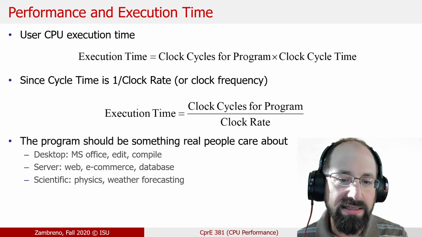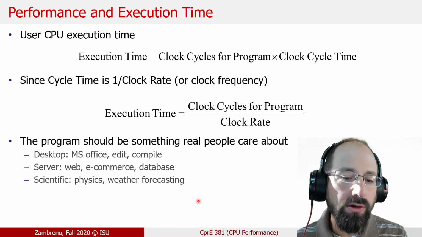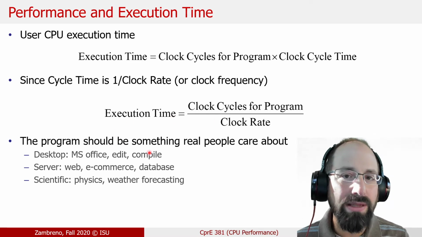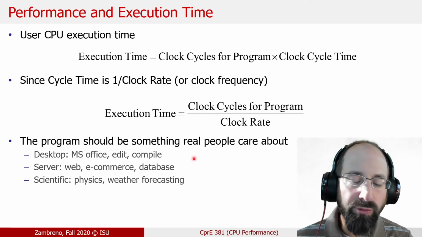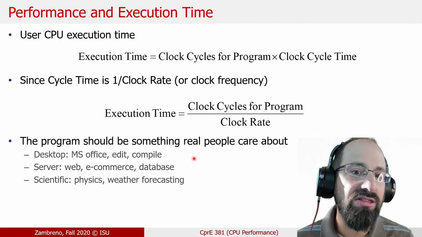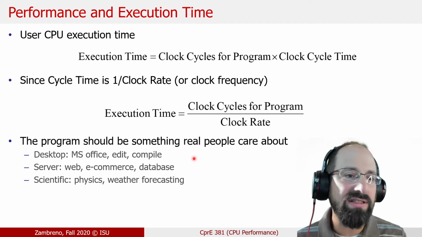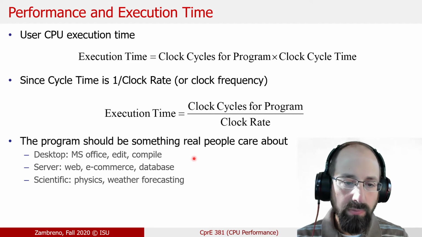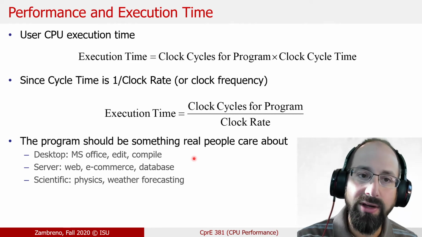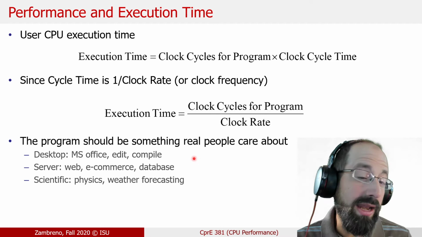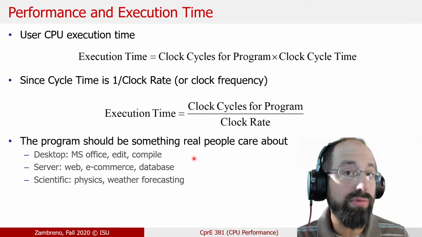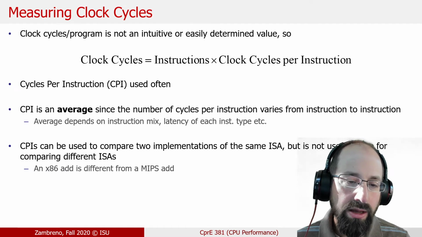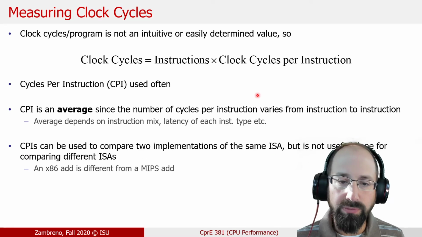Ultimately, though, I would say the takeaway is for this performance equation to be meaningful, for us to measure the performance of something important, it has to be something that is relatively real world, not entirely synthetic. A benchmark that allows us to get some idea for this class of workloads, that time associated with executing it can be meaningful. And consequently, a speedup in that time, an improvement in that time, can also potentially be meaningful.